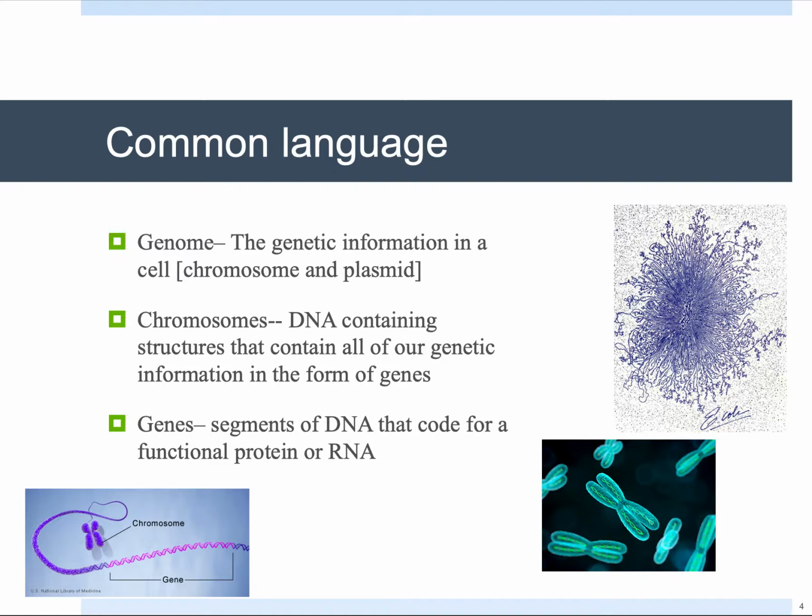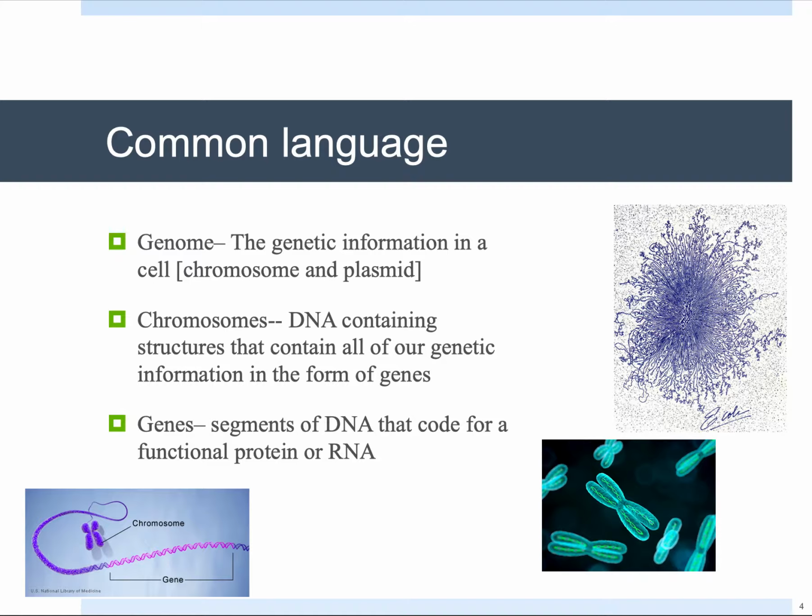So in terms of prokaryotes, you're talking about the chromosomes and the plasmid. In eukaryotes, you're talking about the chromosome and the mitochondria genes as well. So the entire genetic information in a cell is the genome.